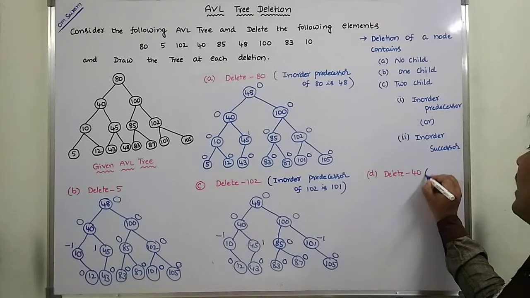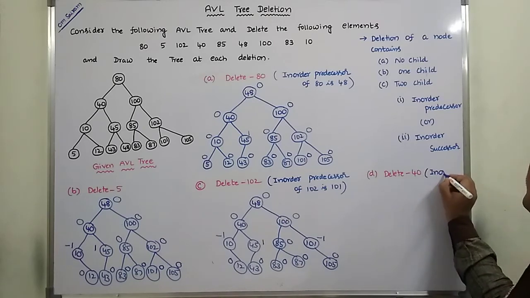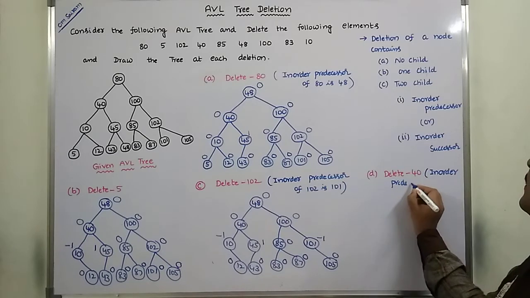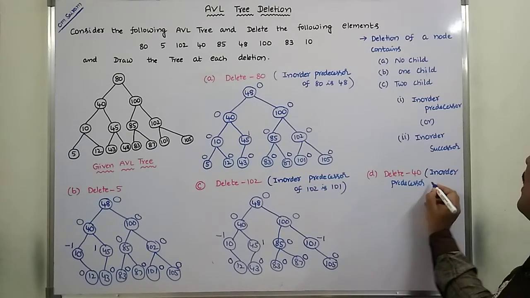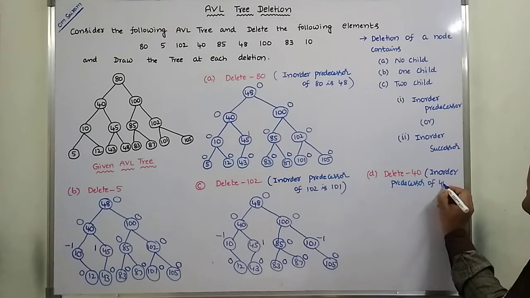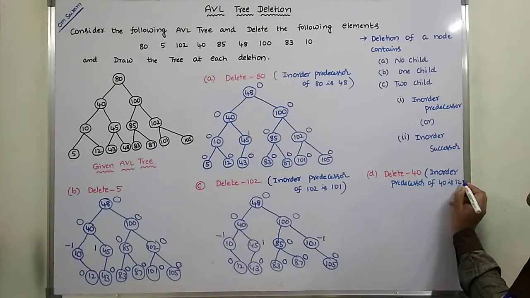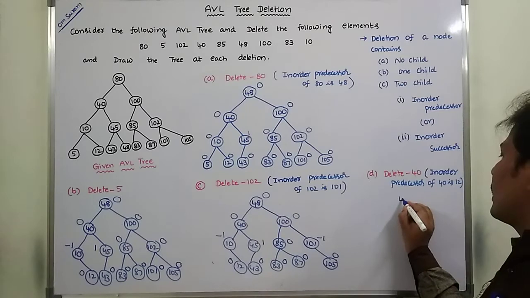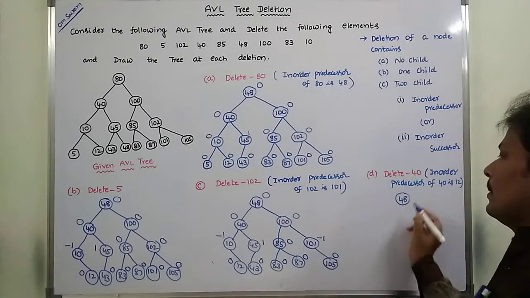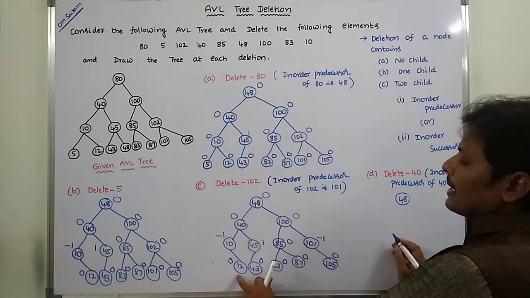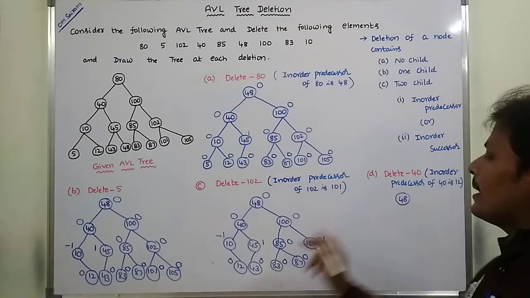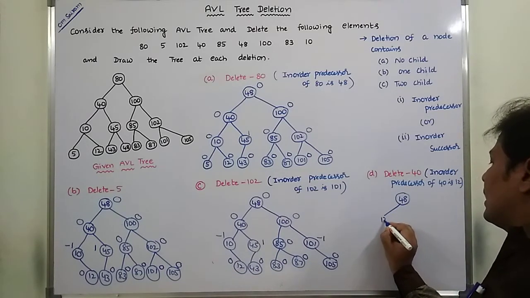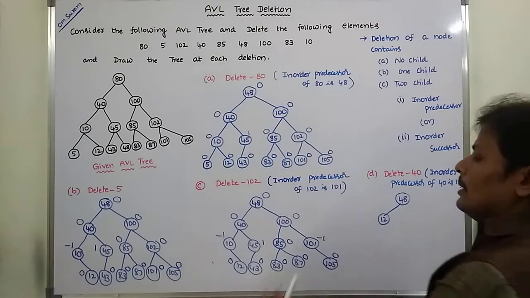So here I am writing, in-order predecessor of 40 is 12. Now it can be replaced with 12. So now 48 is the root node and 40 is replaced with the maximum element in the left subtree, that is 12. So 48's left child is 12.